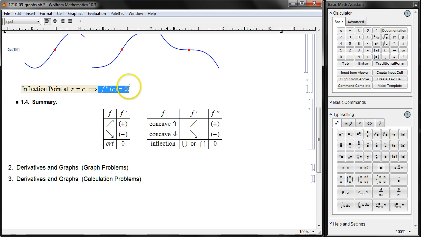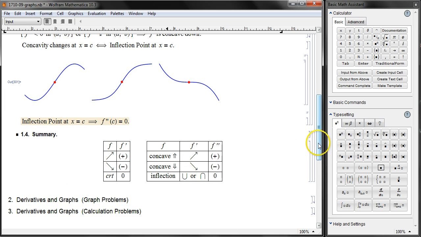So we have this. But as a matter of fact, this is just a necessary condition, not sufficient.